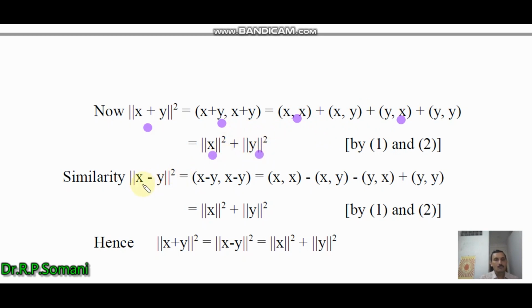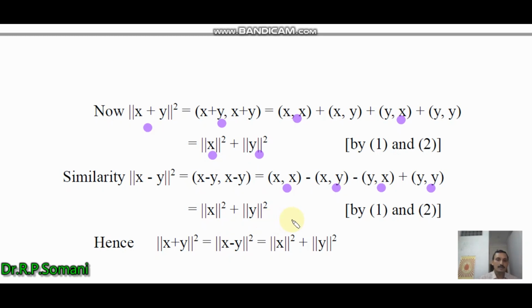Similarly, norm of x minus y squared equals the inner product of x minus y with x minus y, which equals <x, x> minus <x, y> minus <y, x> plus <y, y>. So again, using equations 1 and 2, we obtain norm of x squared plus norm of y squared.